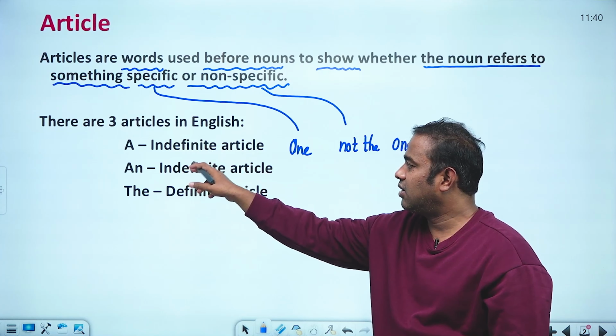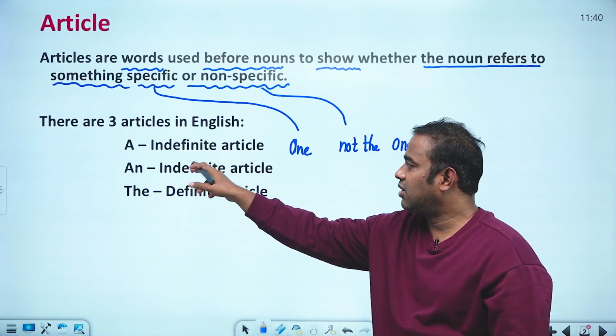So how to identify them? There is a very simple way of keeping this in mind. If you are using the definite article, barring one or two cases, we can say that I'm going to talk about one and only one.